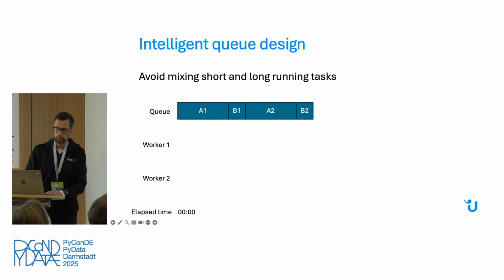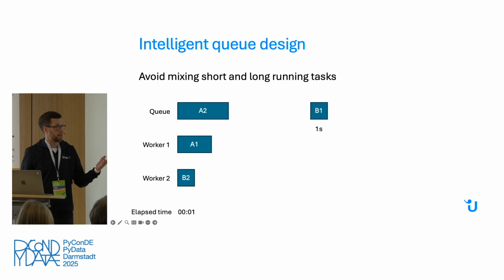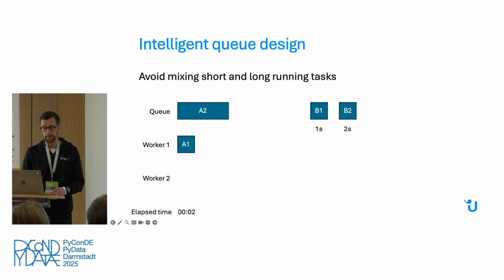If we now have separate queues, we distribute the tasks separately. So worker 1 executes tasks of type A, and worker 2 executes tasks of type B. Task B1 is finished after 1 second, and task B2 is finished after 2 seconds.